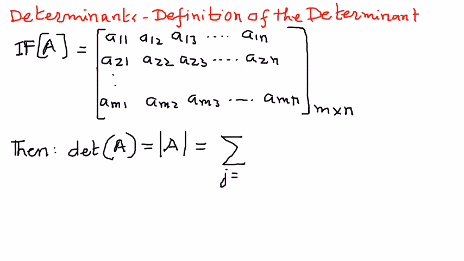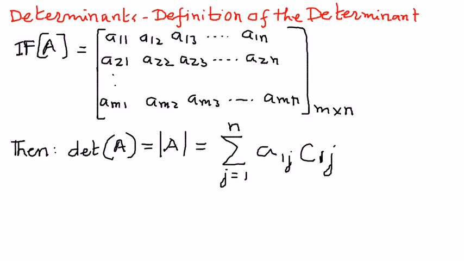J is equal to 1 to n, and then here we have A1j, C1j, like that. Therefore, this is the first row and jth column.